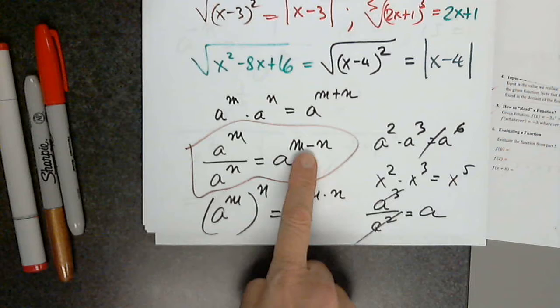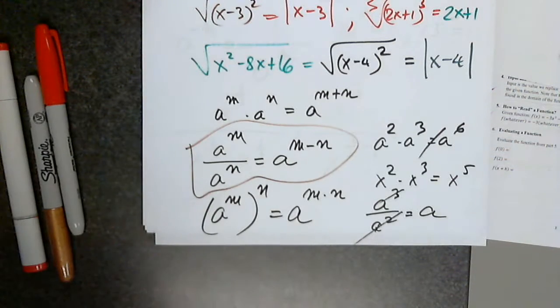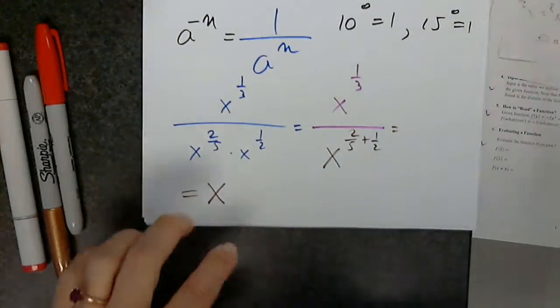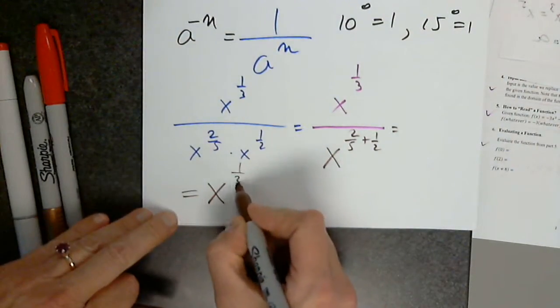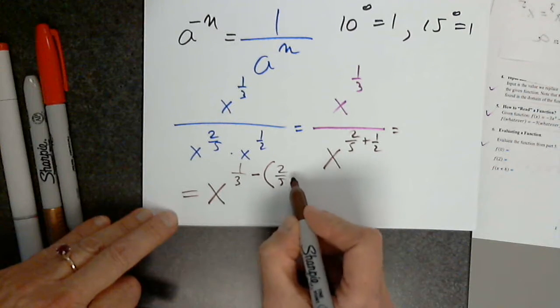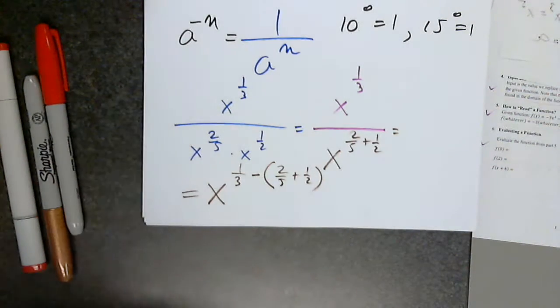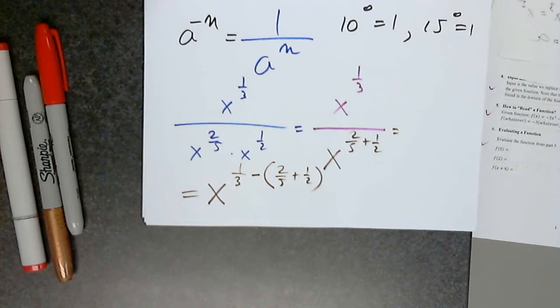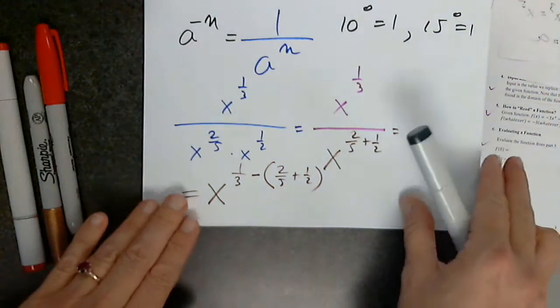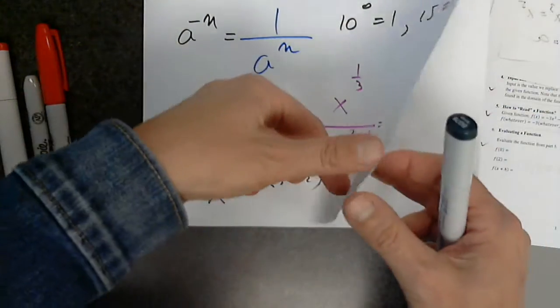What is the operation? Subtract the exponent of the denominator. Exactly. So from the exponent of the numerator, I subtract the exponent of the denominator. That's the rule. I have to follow that.